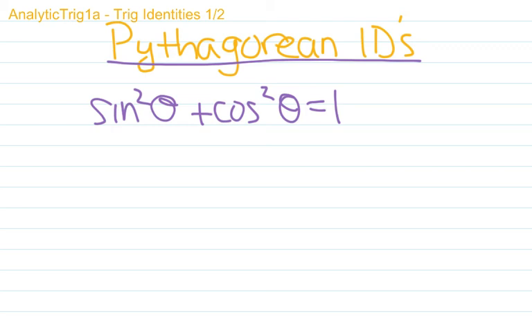Just a little side note. The way that I wrote that notation, sine squared theta, is sine theta with a superscript 2. If you ever become a math teacher or do any mathematical notation in the future after high school or college, you might use Google Docs or a Word document and you'd use a superscript.